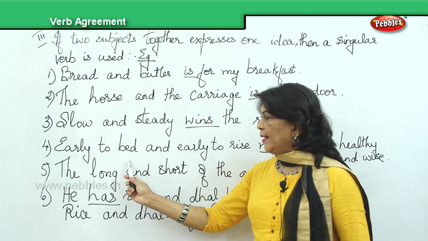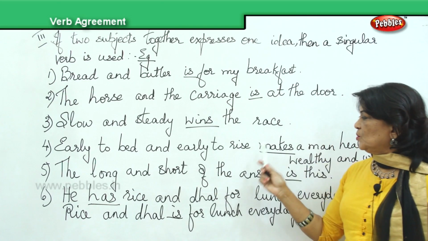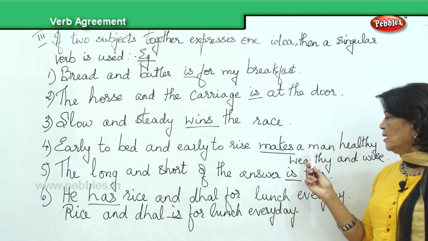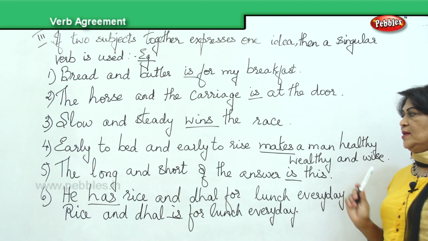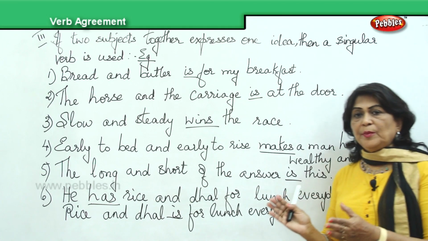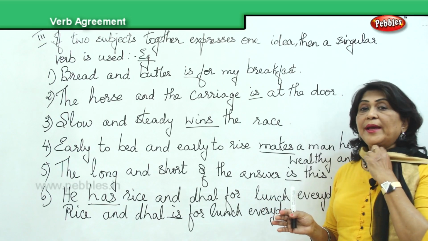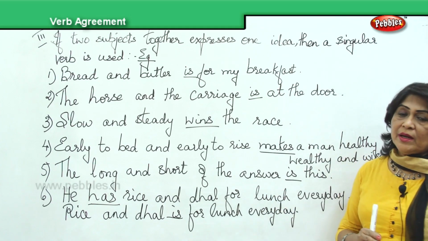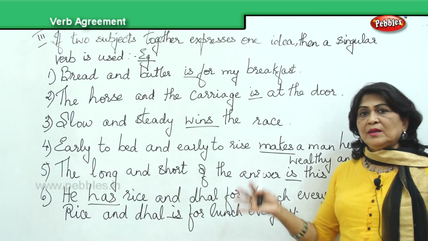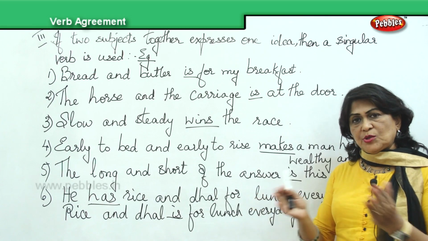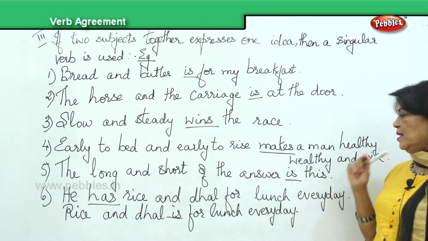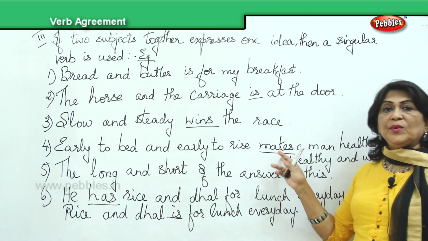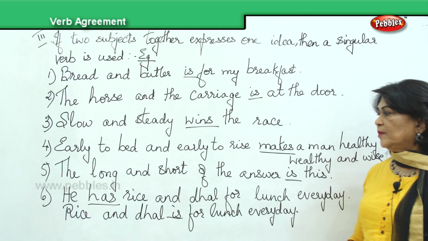Early to bed and early to rise makes a man healthy, wealthy and wise. That is early to bed, going early to bed and rising up early from bed, these two are habits. And these two habits together make a man healthy, wealthy and wise. Here we use a singular verb.